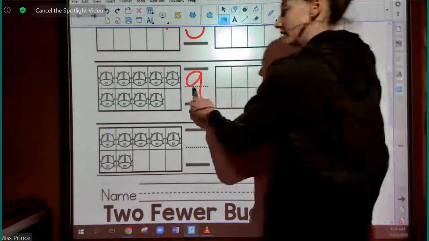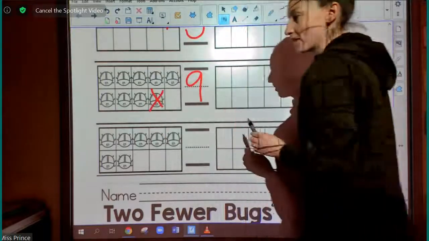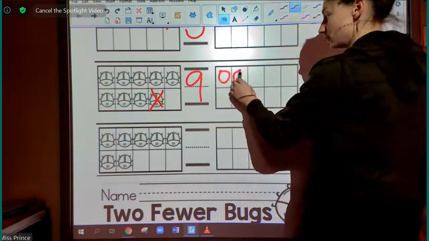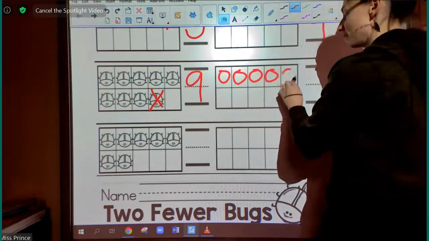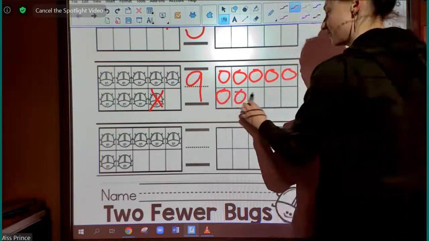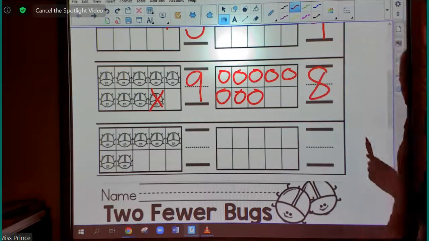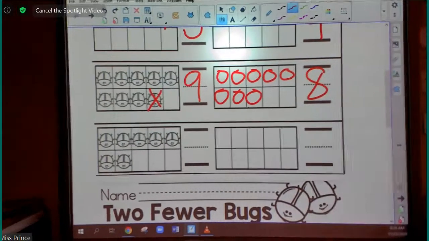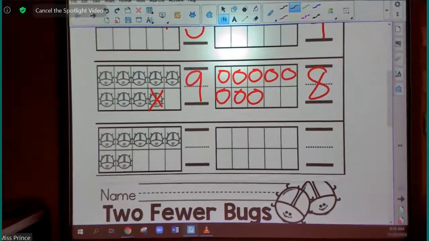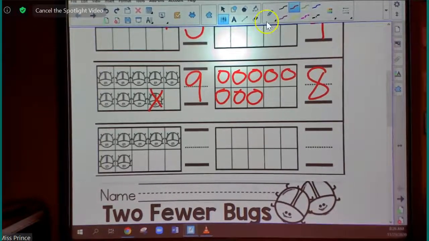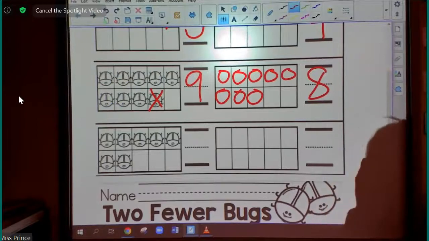So I had 9, but now this time I'm not going to draw that one. So 1, 2, 3, 4, 5, 6, 7, 8. And we put an 8. Great job, Adrian. We have one more before we go to the back side of your page, because we have more on the other side.